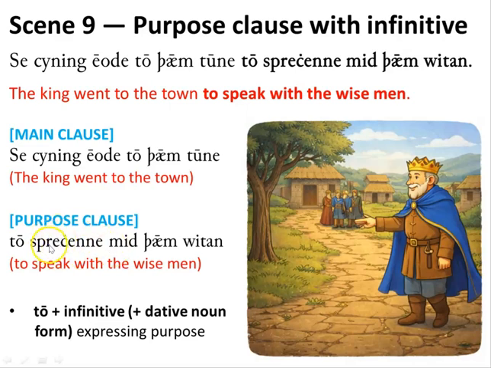This is the inflected infinitive you'll find in the dictionary entries. And here you have a preposition plus a dative noun. So then this is in the dative. Tham is in the dative, and witan is in the dative, if you look it up, for wise men, the council, right? The witan. All right. And this is expressing purpose, this form here. You have a subordinate clause expressing purpose. All right, let's move on.